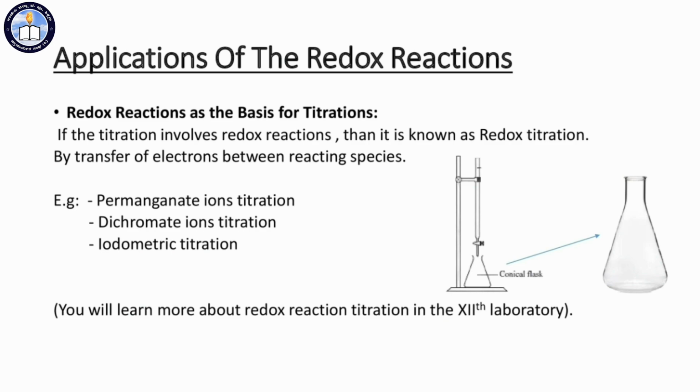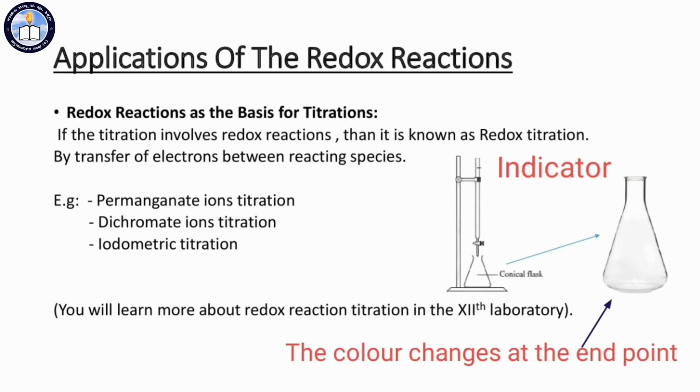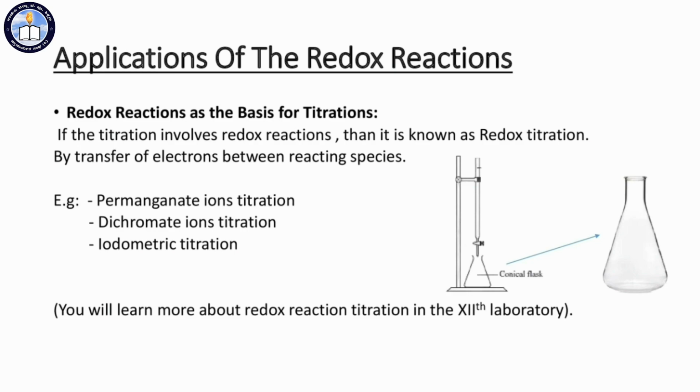Then by using an indicator, at the end point the color in the conical flask changes. Hence, we can easily find out the concentration of the unknown solution by using the equation M1V1 equal to M2V2. This is the basis for titration.